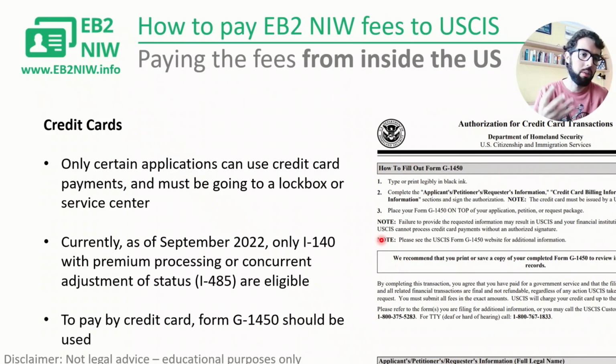So this form basically is the information of your credit card, and you are giving them authorization to deduct the amount. For example, if it's an I-140 form that you're paying for, then it's going to be $700. So that's the form that you use to give them permission to use your credit card. Okay, but right now for most people this is not an option, unfortunately.